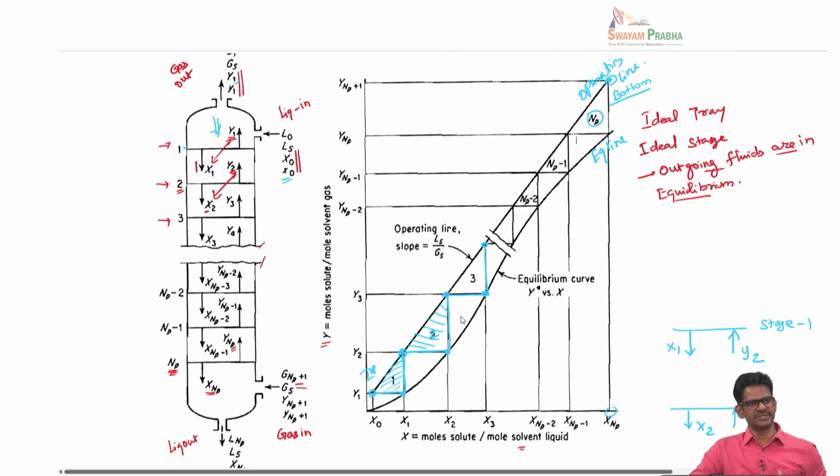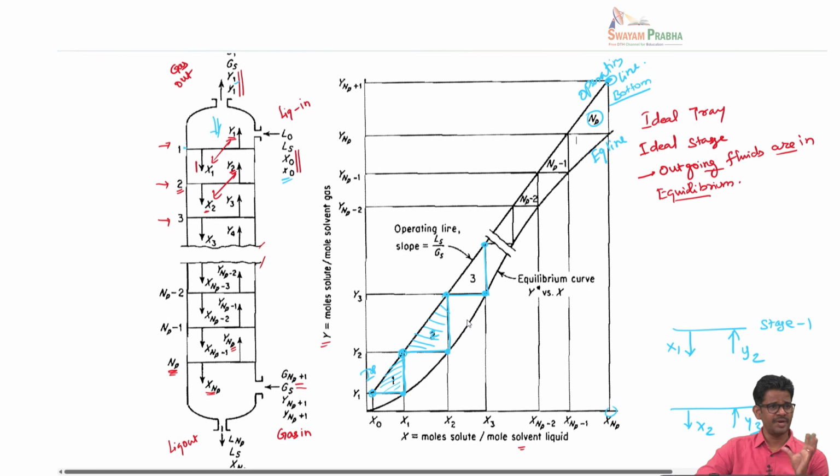So the way we will do this is, for a given problem we will calculate the number of ideal stages. There is a second aspect which is related to the efficiency of each tray. Here we assume 100% efficiency, but in reality that is not the case. The efficiency can be 50%, 60% or 80%, whatever it is.